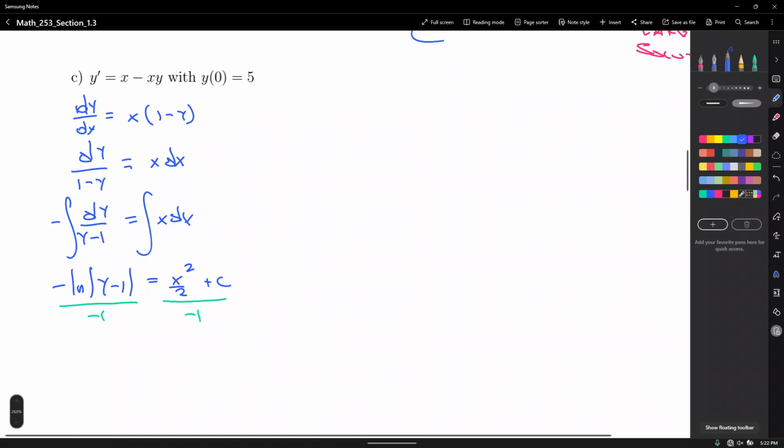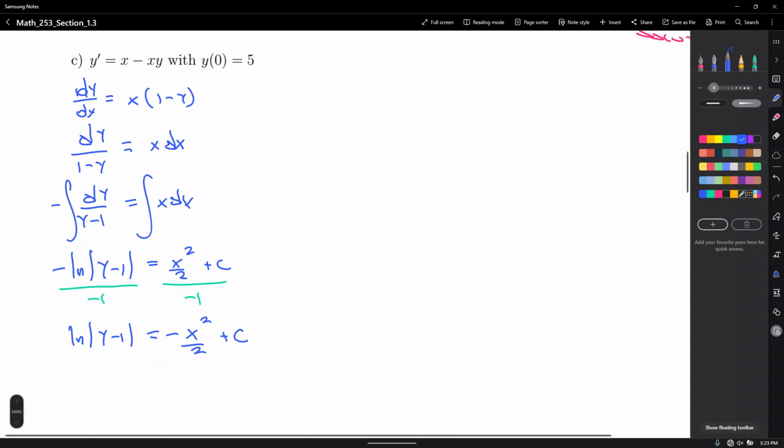So that's going to leave us with ln of absolute value of y minus 1. While the -1 affects the x squared over 2, it doesn't affect the constant of integration because that's just any number that we have no idea what it is. So by absorption, this remains plus c simply, all right?